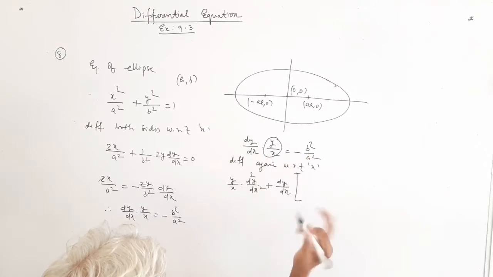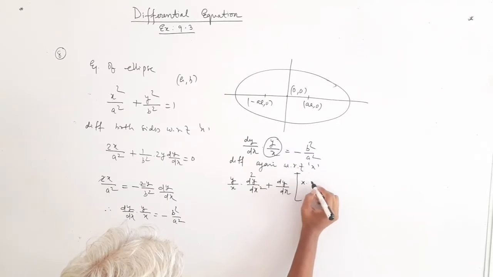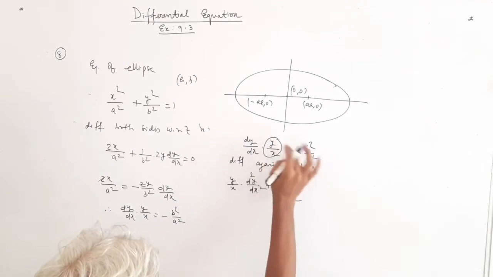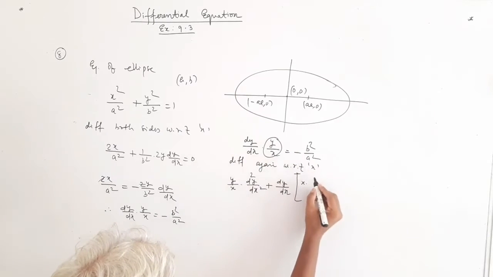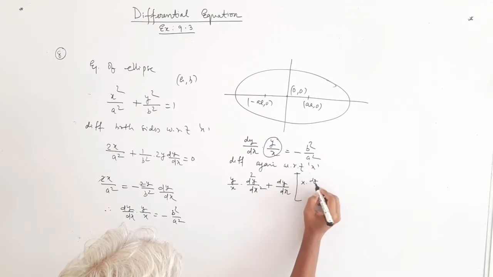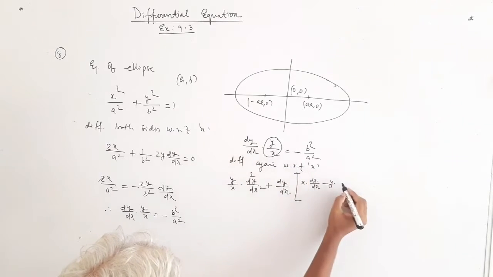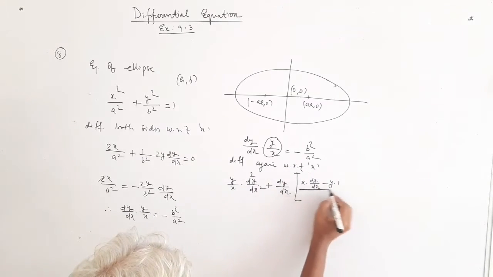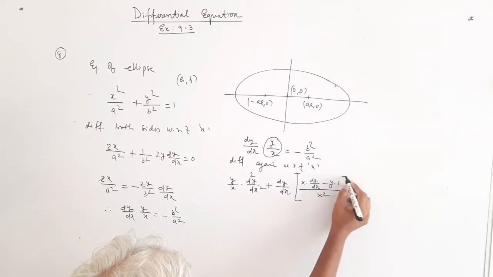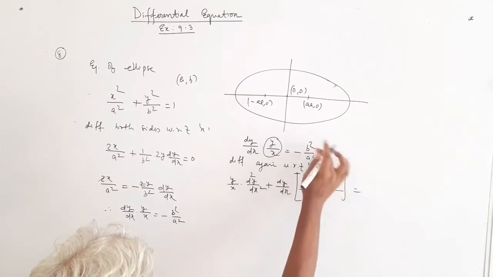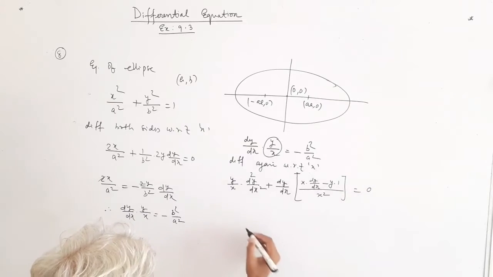So in one go, I'm just trying to solve this. So x into differentiation of numerator, that is dy by dx, minus y into differentiation of denominator, that is 1 over x square, and on this side we have just a constant, its differentiation is 0.